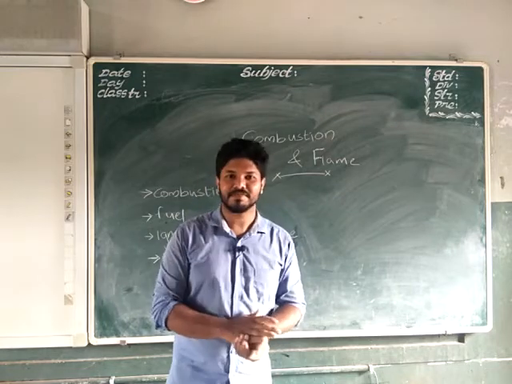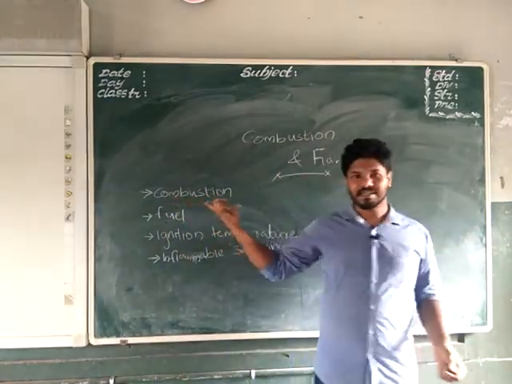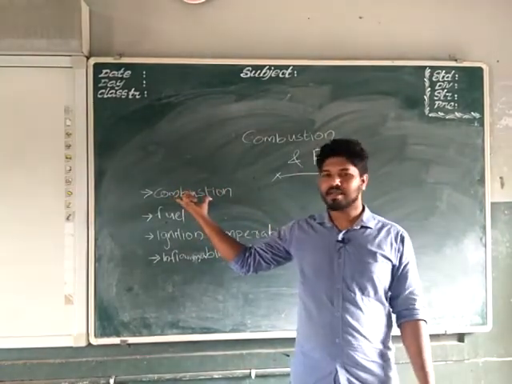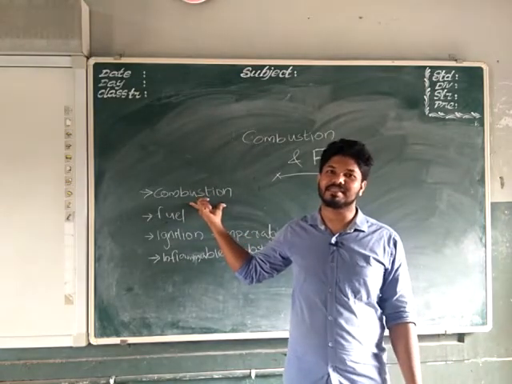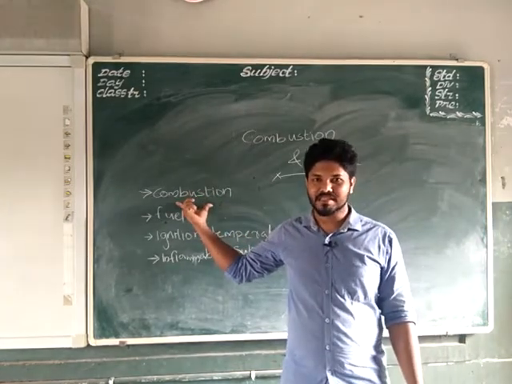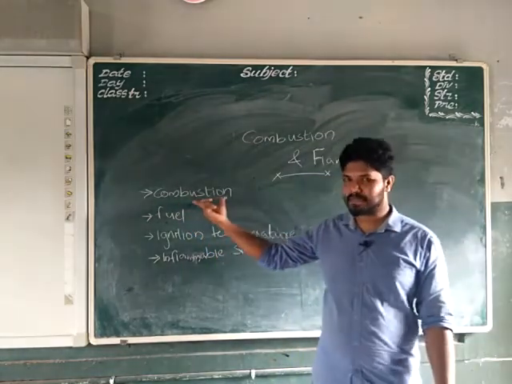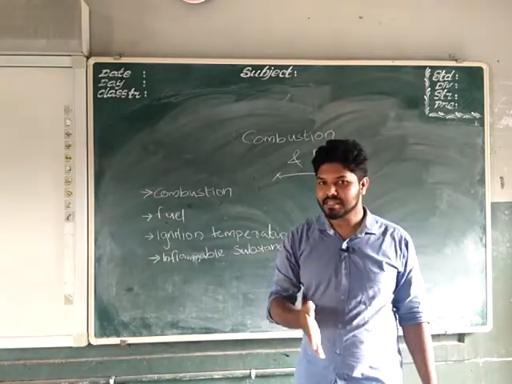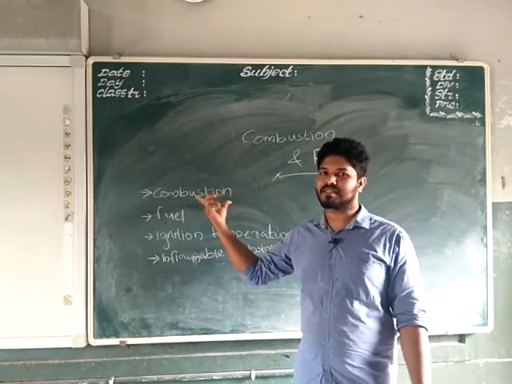You see here, the first thing we have to discuss in this chapter is combustion. Combustion is a chemical process in which an object gives off heat and light in the presence of air, or precisely, in the presence of oxygen.